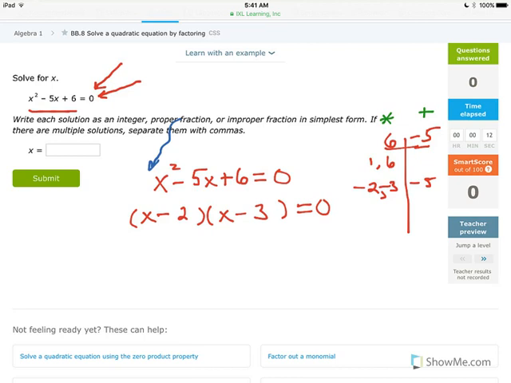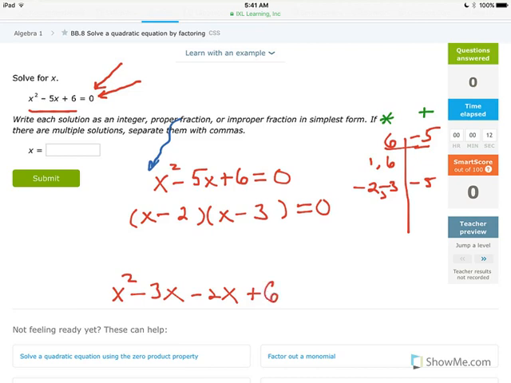Remember, when factoring, you can always check it by remultiplying. If you distribute everything back together, x times x is x squared. x times negative 3 is negative 3x. Negative 2 times x is negative 2x. And negative 2 times negative 3 is positive 6.